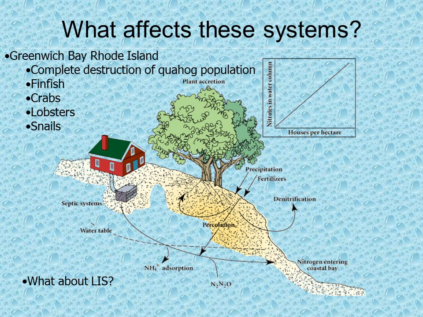So is this possible to happen in Long Island Sound? Of course it is. I mean, just look up and down the coast. There's not many areas along the coast that aren't entirely filled with homes, probably using septic systems that could easily affect and cause local phytoplankton blooms.